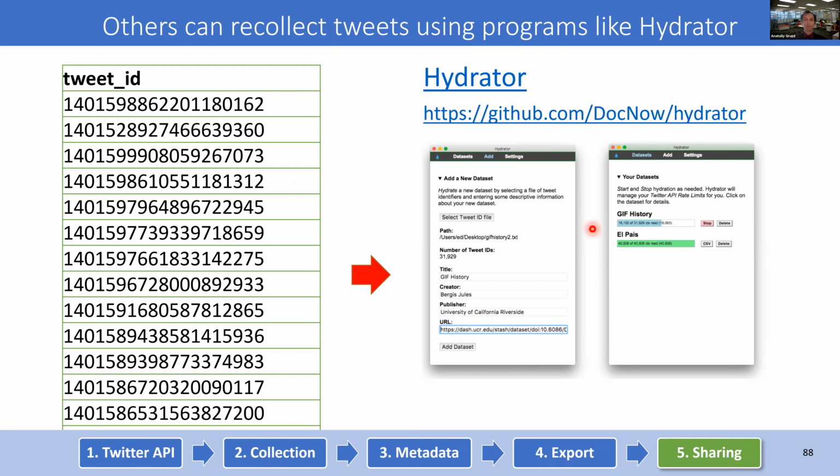The process is called rehydrating, so you kind of add water. The main limitation of this approach, of course, is that if some of the tweets were deleted between when you analyzed them and when they were recollected, they will not be part of the data set. So it's not going to be a perfect copy of your original data set, and that's the limitation.